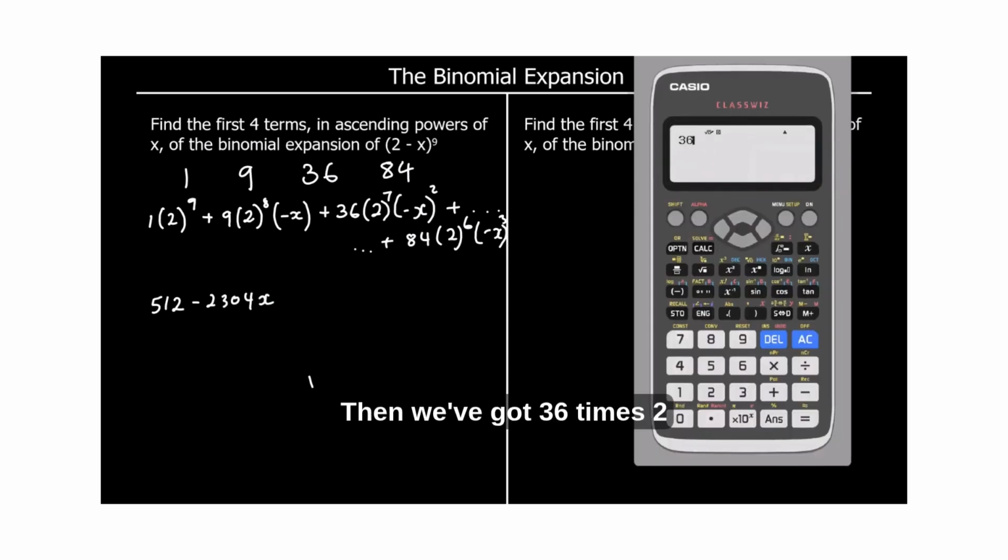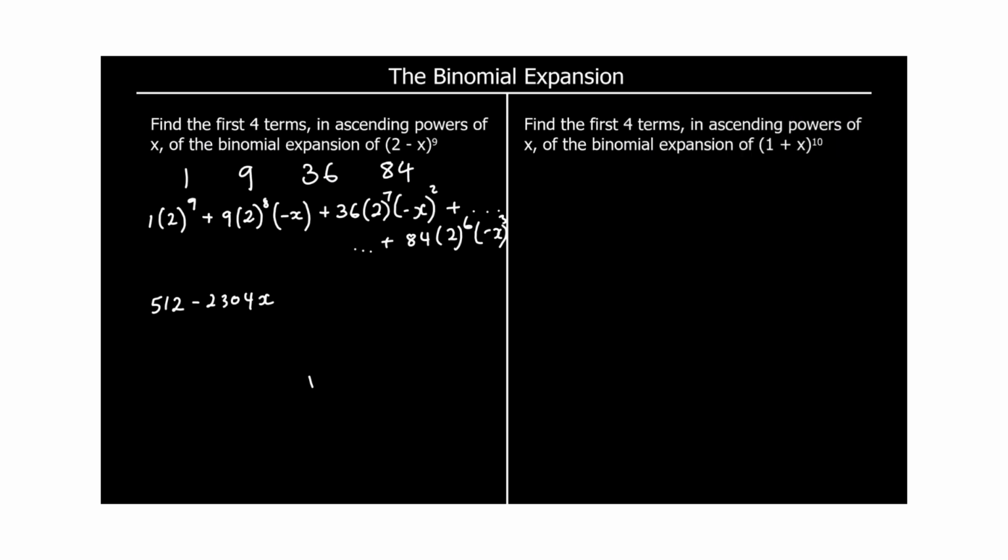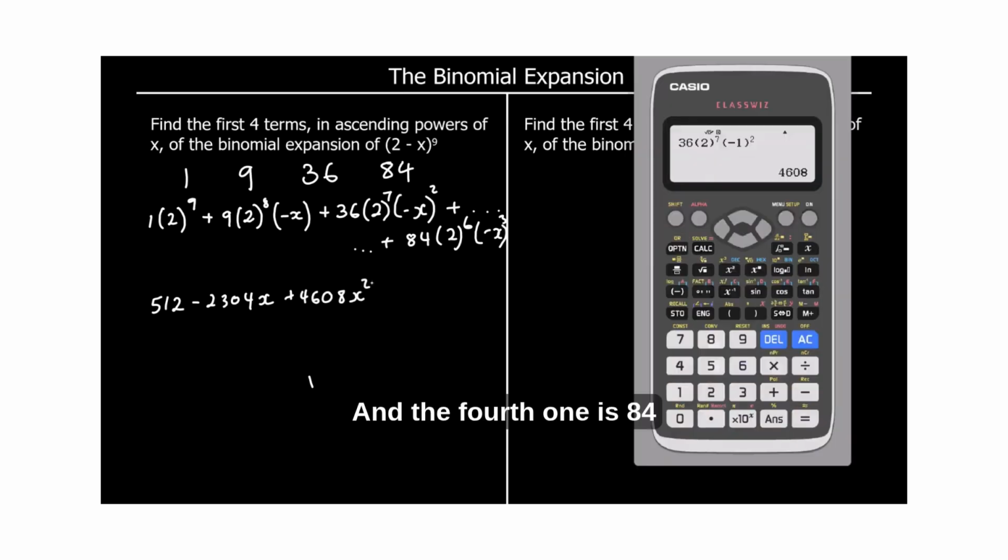Then we've got 36 times 2 to the power of 7 times negative 1x squared. So 4,608 plus 4,608x squared. And the fourth one is 84 times 2 to the power of 6 times negative 1x cubed.